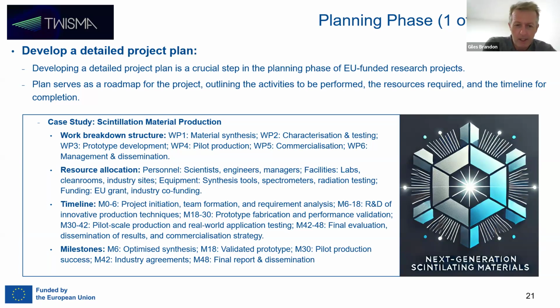Month 18 to month 30, we'll do the prototype fabrication and performance validation. Month 30 to month 42, we're doing the pilot scale production and real world application testing. And then the last 6 months of the project will be final evaluation, dissemination of results, and commercialization strategy.